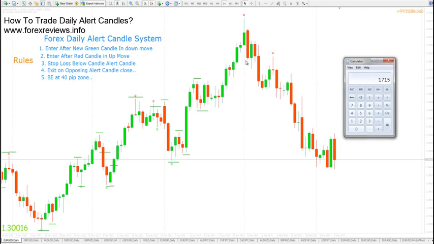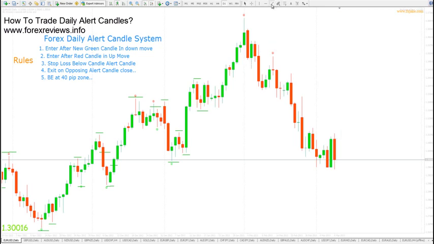Okay, so now that's a great entry, by the way, guys. With this one, you would want to put your stop here, and you would want to enter. Say you entered on this candle, this bearish pin bar, then you would enter about here. Or if you wanted to enter after this bearish engulfing, then you would enter 9 pips below here.